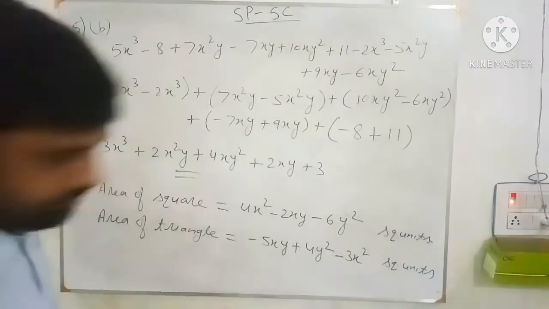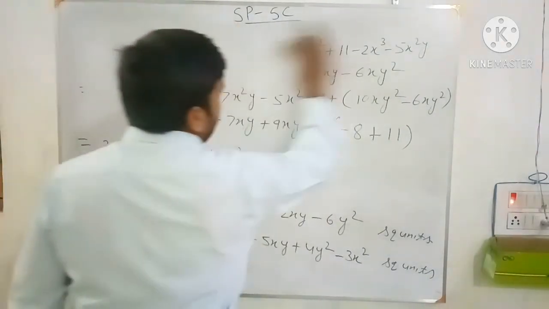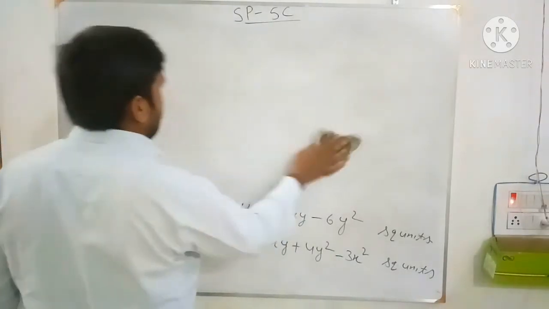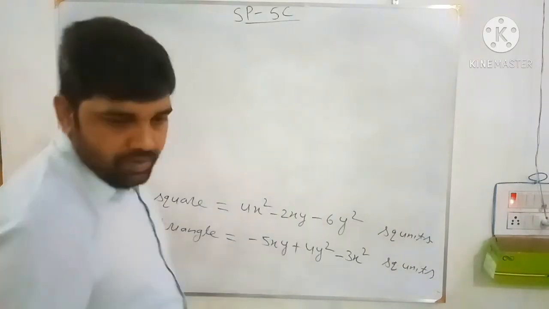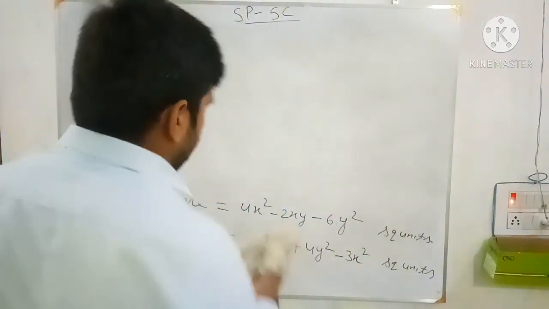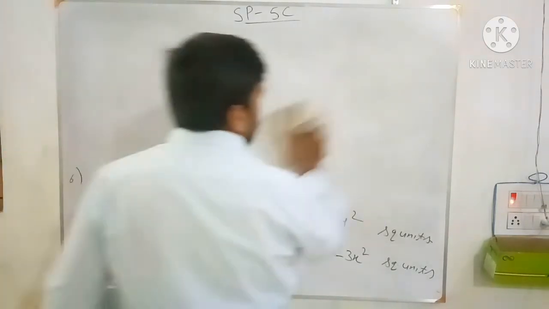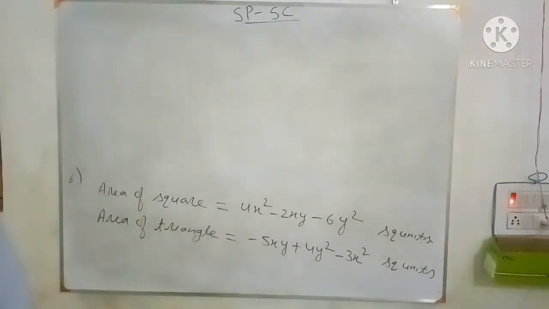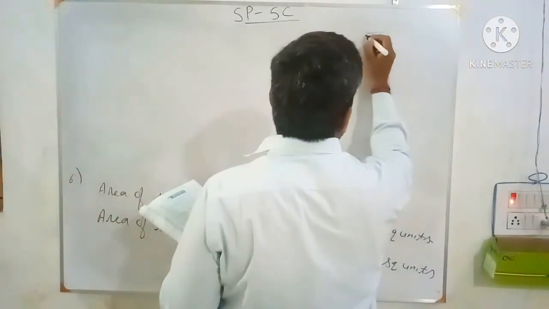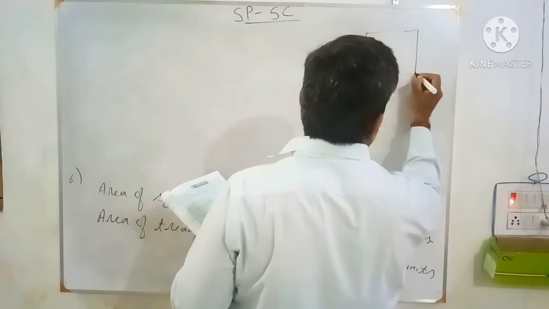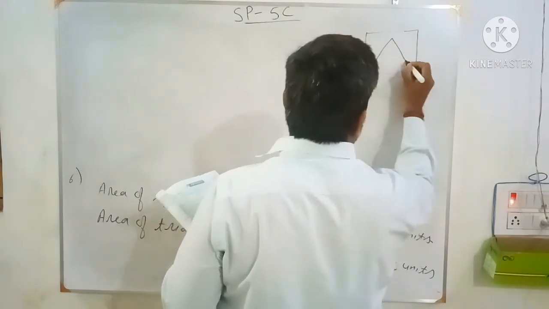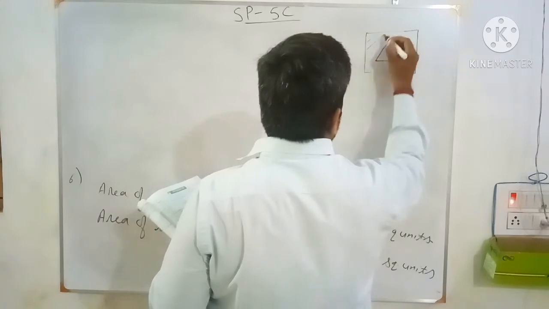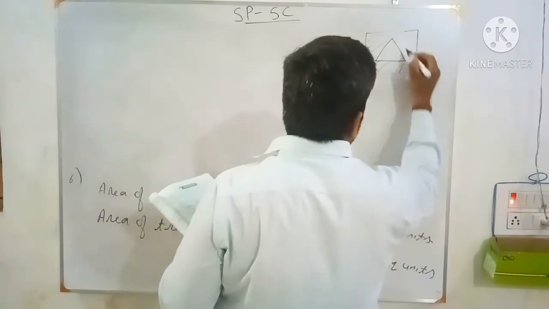So as we see in the diagram, there is given a square and inside the square there is a triangle, and we have to find this region, the area of the shaded region.